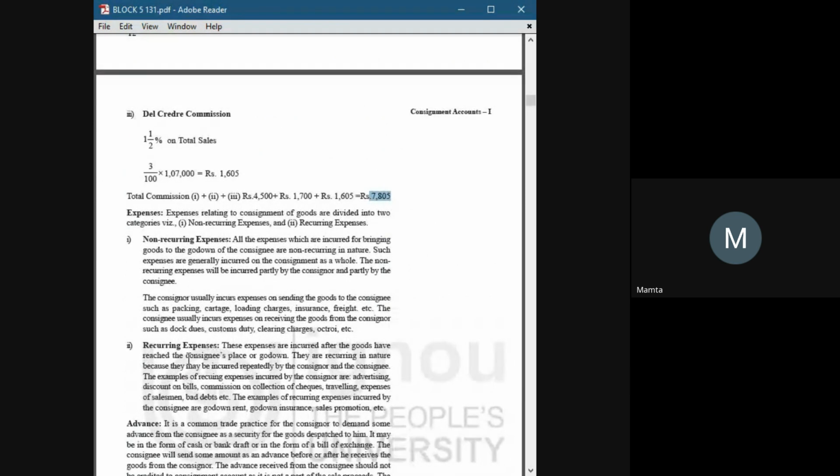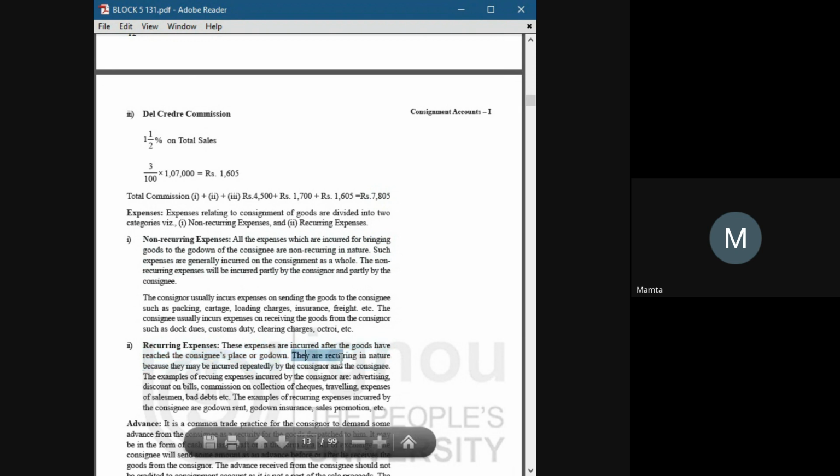Expenses, recurring expenses or non-recurring expenses. Non-recurring expenses are those incurred for bringing goods to the godown of the consignee, and are non-recurring in nature. Such expenses are generally incurred on the consignment as a whole. Recurring expenses are the expenses after the goods have reached the consignee's place or godown.